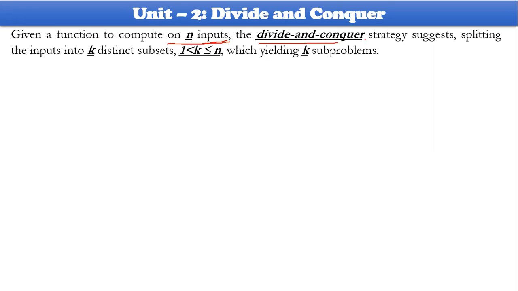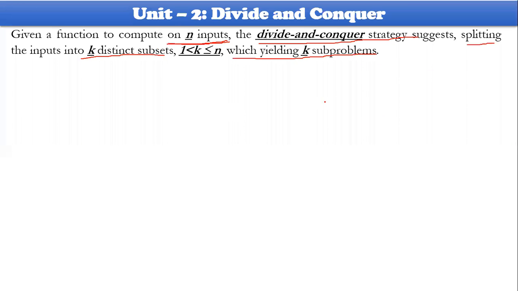Using the divide and conquer strategy, it could be split into k distinct subsets, where k is 1 less than k less than or equal to n, yielding k subproblems. You need to remember this statement very clearly.